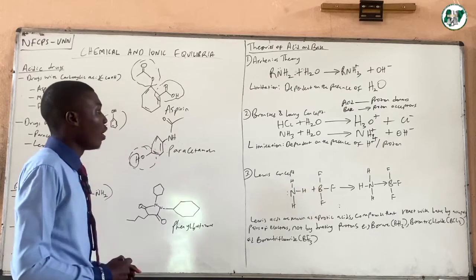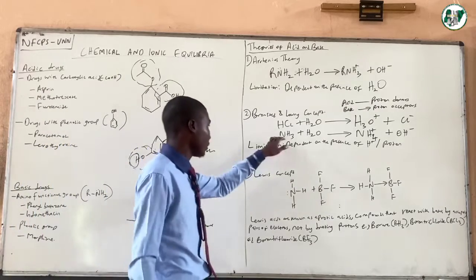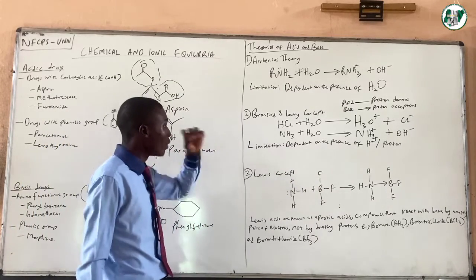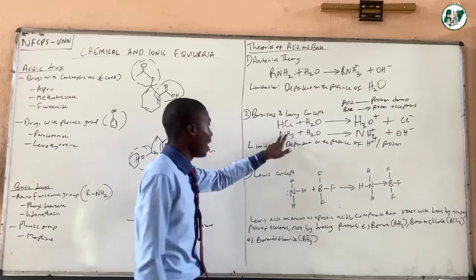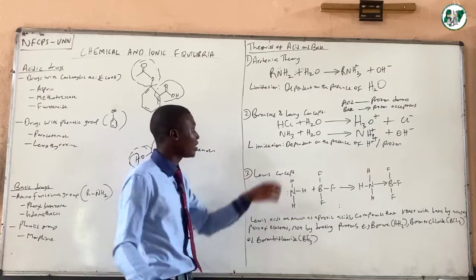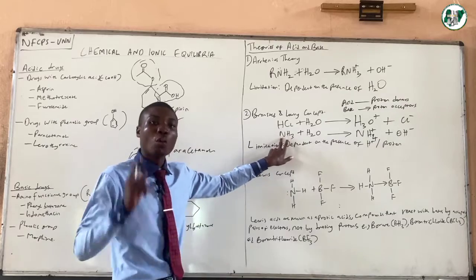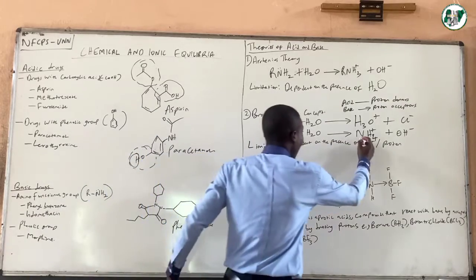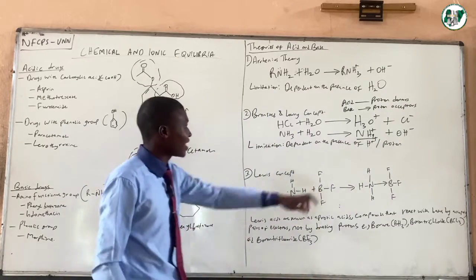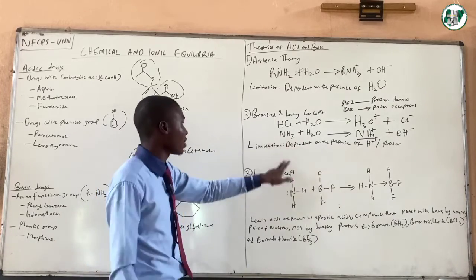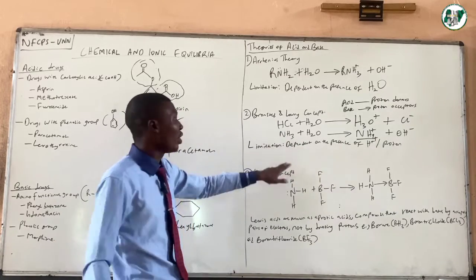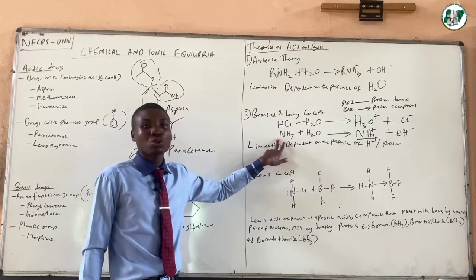So let us look at an example of this. Let's look at NH3 plus H2O. NH3 accepted hydrogen. That means ammonia was protonated. What is formed there is ammonium ion, and this ammonium ion is referred to as the conjugate acid of ammonia because a hydrogen ion, or proton, was added to ammonia.